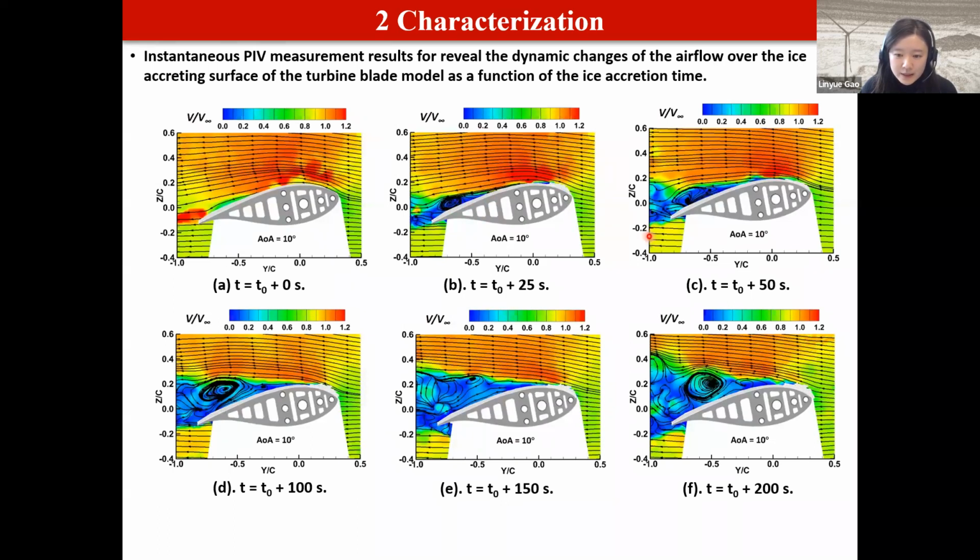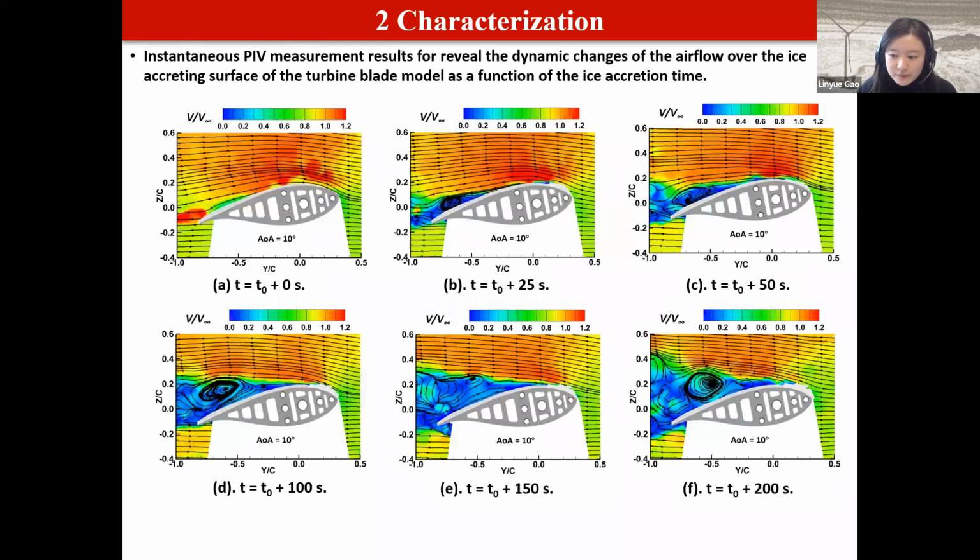As time goes by, with small supercooled water droplets impinging onto the airfoil surface, the irregular-shaped ice structures created over the test model were found to grow rapidly. As a result, the flow separation zone formed over the airfoil surface was found to expand further upstream and become bigger and bigger.